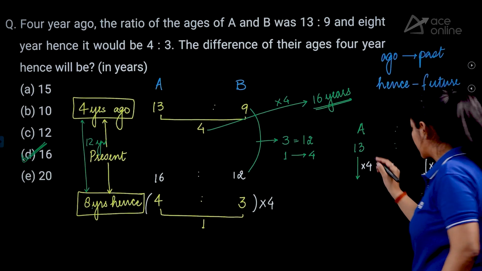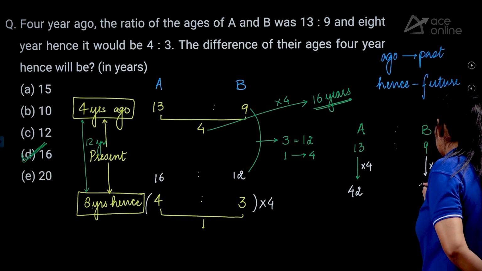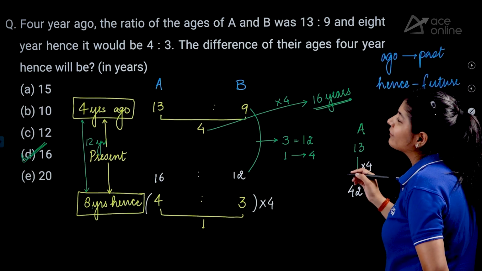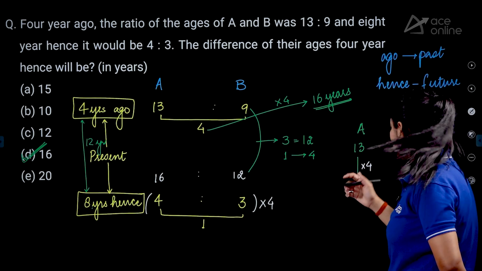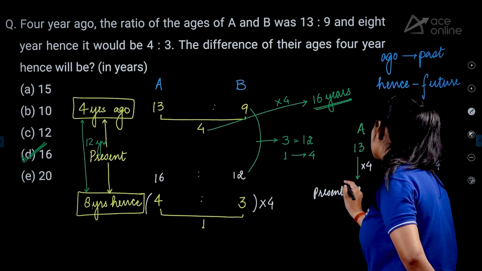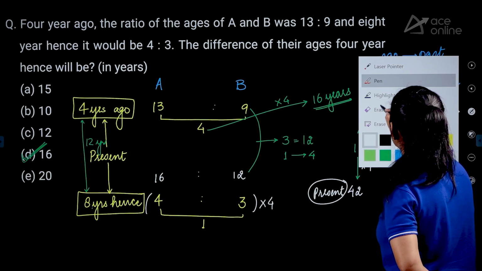Is it clear? So here I get 52 over here and 36 here. Now I have to find the ages 4 years hence. This is my present age. Is it clear? Sorry, here we have 52, not 42.